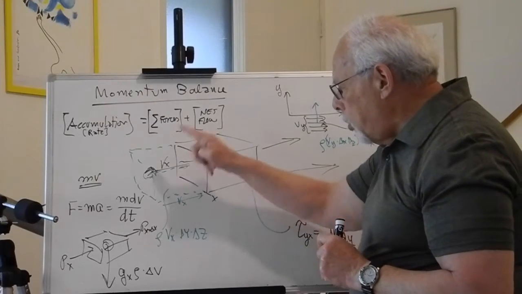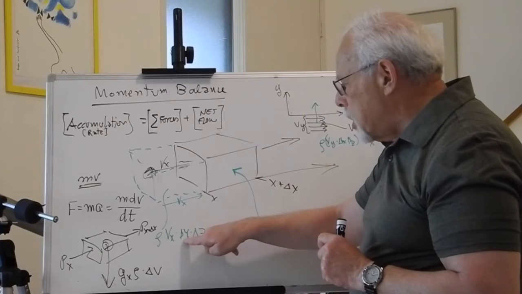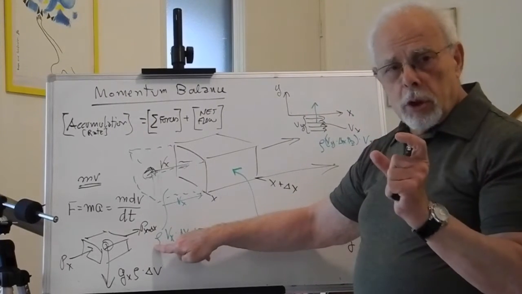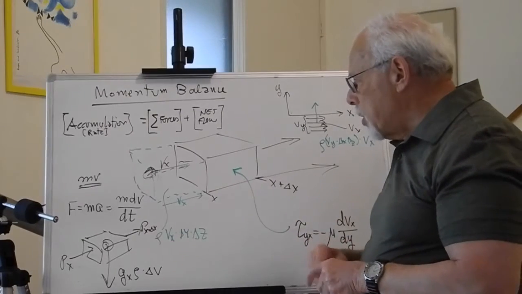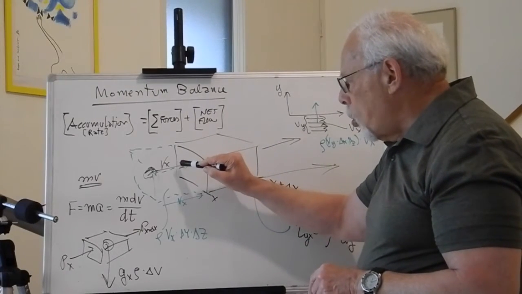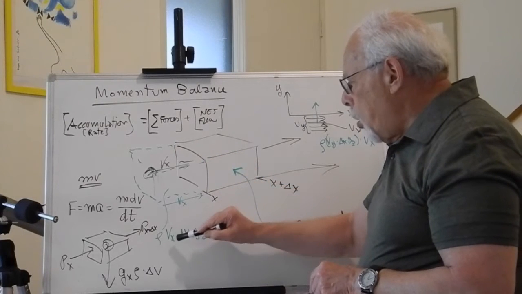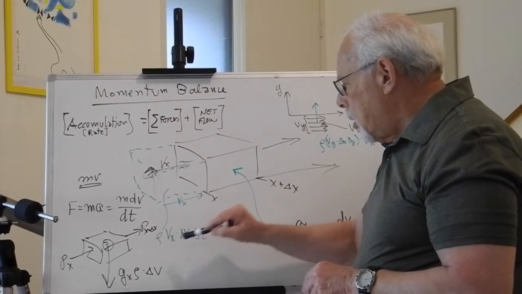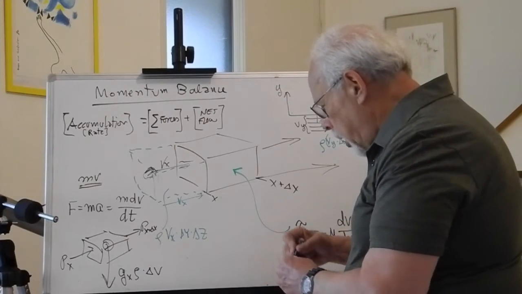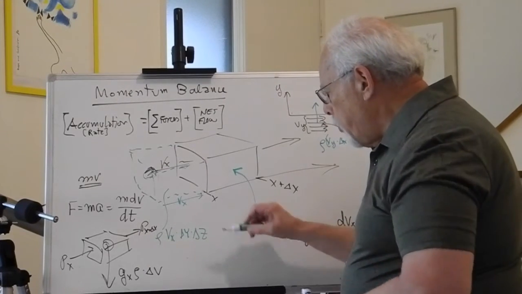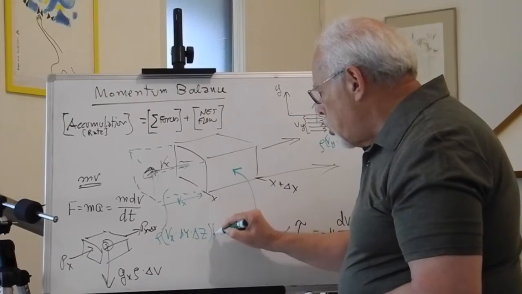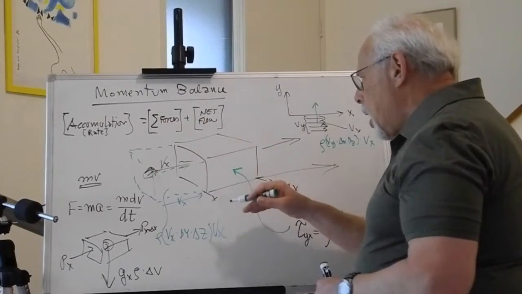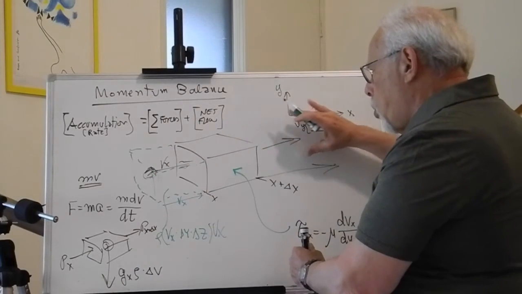So the total volume is vx times dy dz. If we multiply it by the density, we get the total mass. We have to multiply it again by vx to get the total momentum that is flowing in, and a similar expression for what flows out.